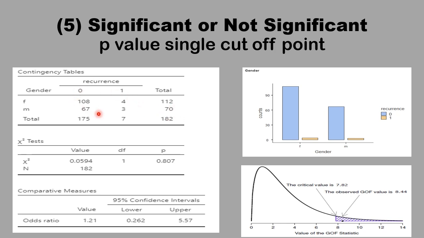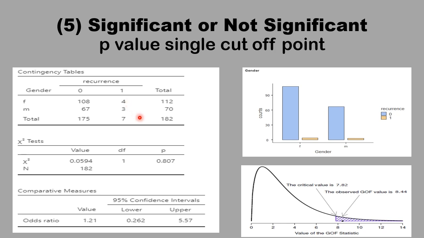The odds ratio for a female having the tumor is 4 out of 108, somewhere around 3.7, whereas in the males it's higher at 3 over 67, about 4.5 or so. So it seems that males are more prone to have more risk, or the odds are higher that they will get a pleomorphic tumor than the females. But is that significant or not significant?